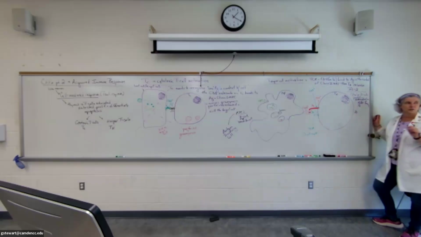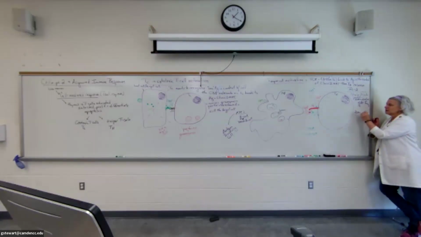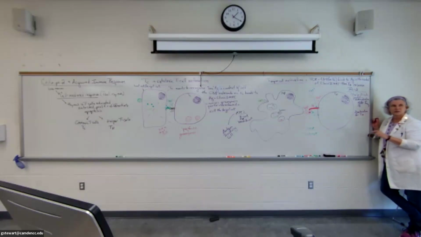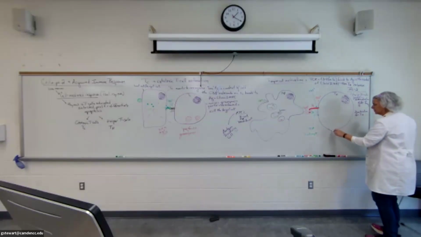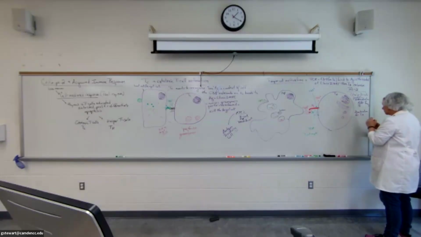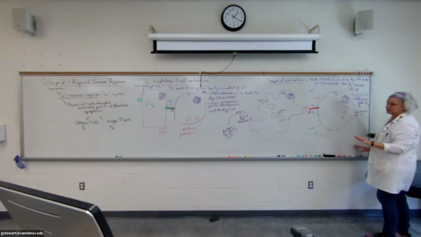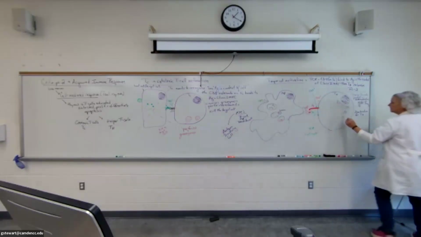Another thing IL-2 can do for you is it is auto-stimulatory for T helper cells. So what that means is, here's some endoplasmic reticulum, here's some Golgi, and here's a vesicle that's going to be filled with interleukin 2. Let's make it yellow.